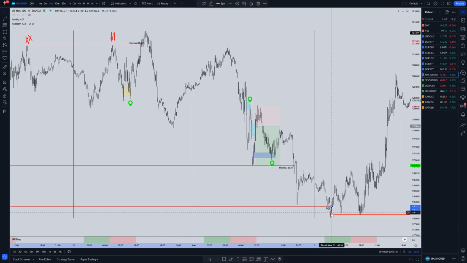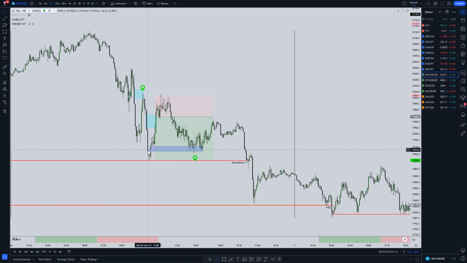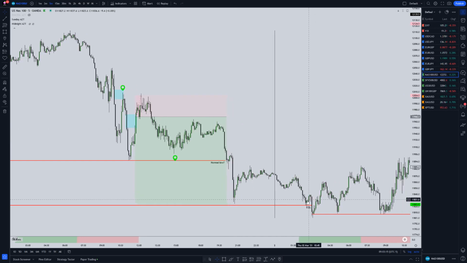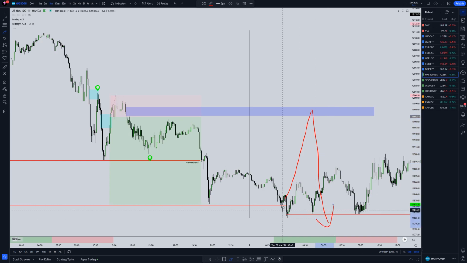Let's just say that this equal low was our primary objective, and this secondary equal low was our first partial location. So if price has reached your main objective, obviously when price retraces into a gap, you don't want to go for another short because your main objective is done. That makes sense, right? Right.